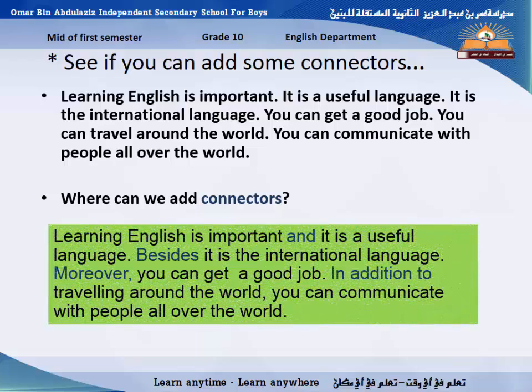Here we have the first extract without using connectors, and then the extract in the green box is rewritten by using the connectors for adding information.